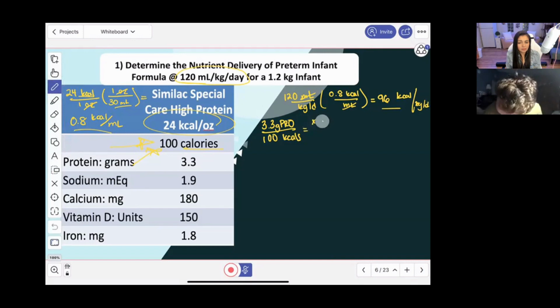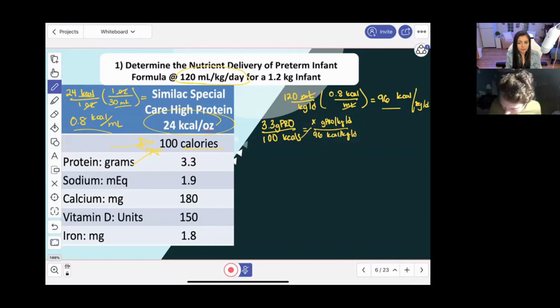So x grams of protein per kilogram per day over what we just found to be 96 kcals per kilogram per day. Okay, and we're going to cross multiply.